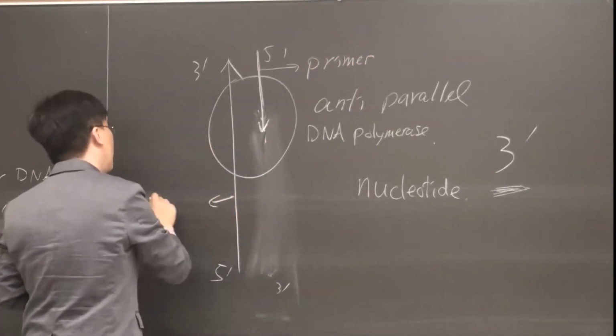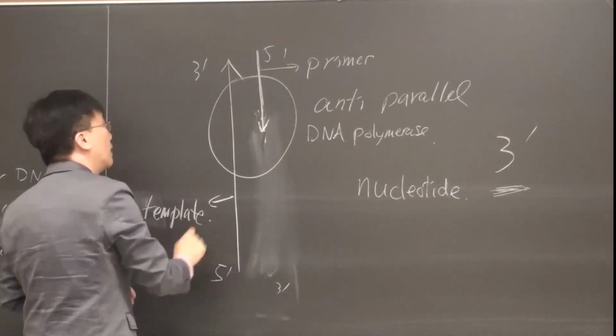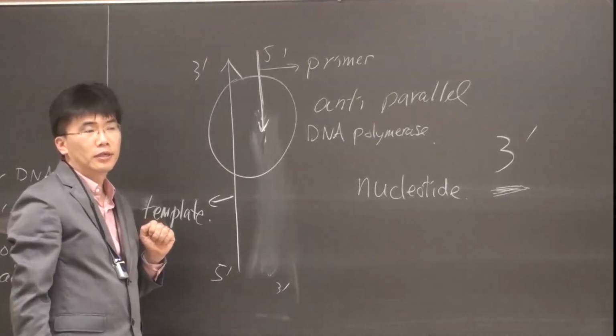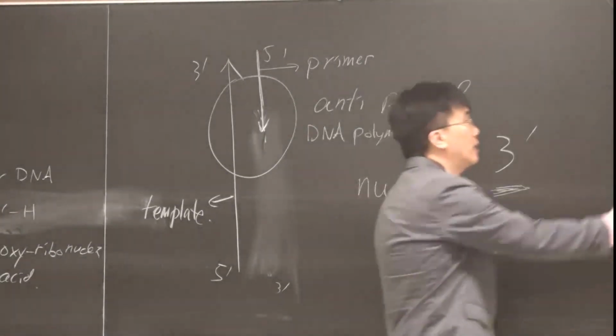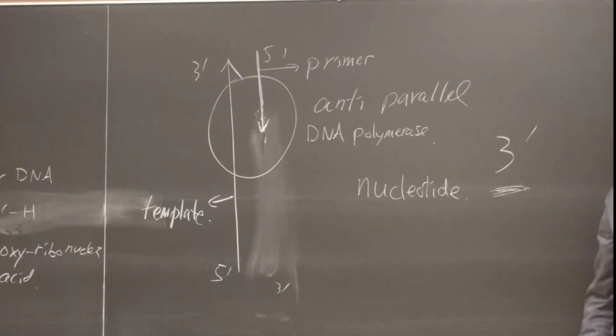So this is a template strand, and you need to have a primer for a DNA polymerase to function. If you give just one strand of DNA, then a DNA polymerase cannot start.